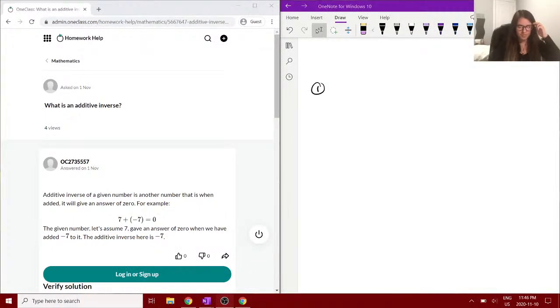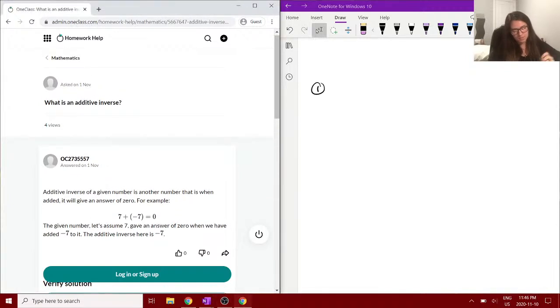Okay, so our first question asks, what is an additive inverse? It gives a description saying the additive inverse of a given number is another number that, when added, will give the answer of 0.